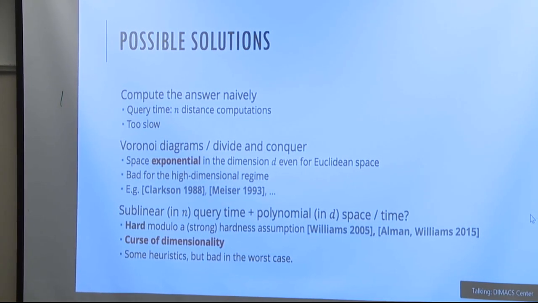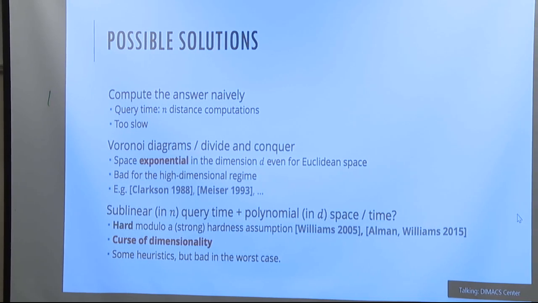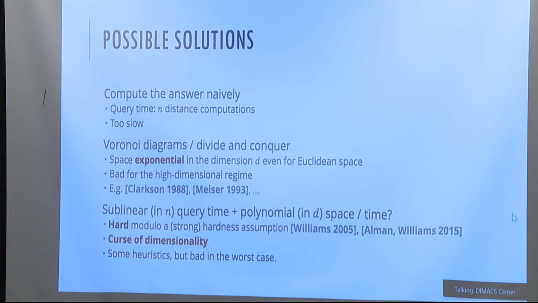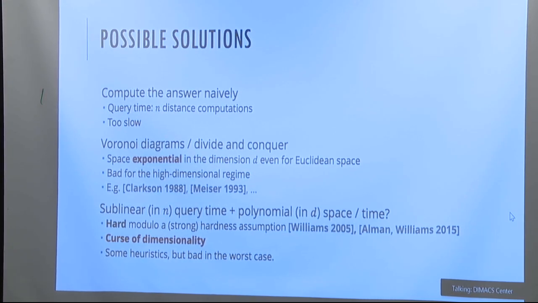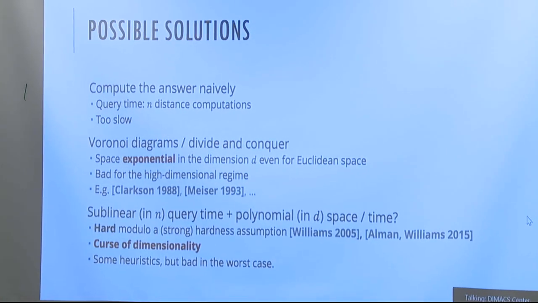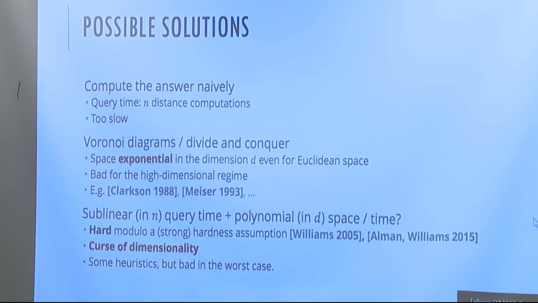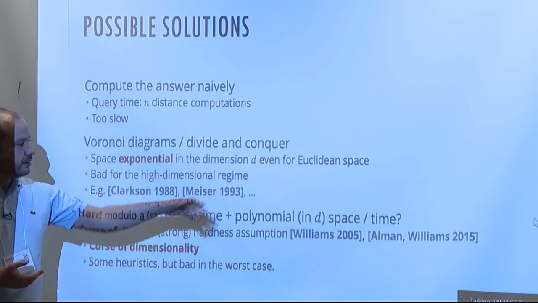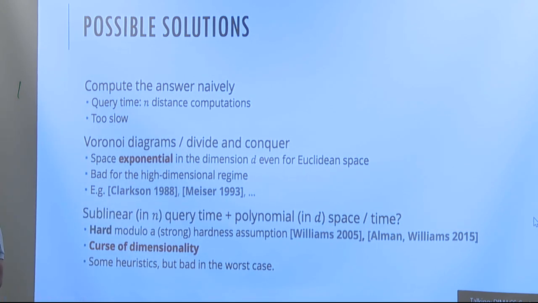A major question here is, in high dimensional spaces, arbitrary metrics are too much to ask for, but in as general settings as we can handle, can we achieve sublinear query time in the number of data points in our data set, and polynomial in the space and time?